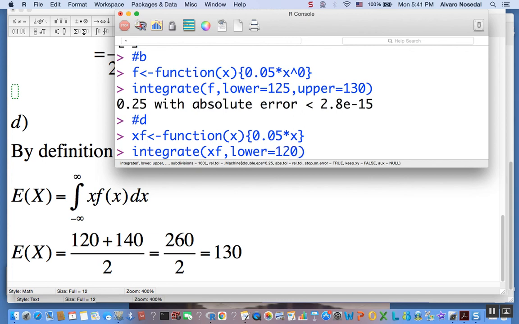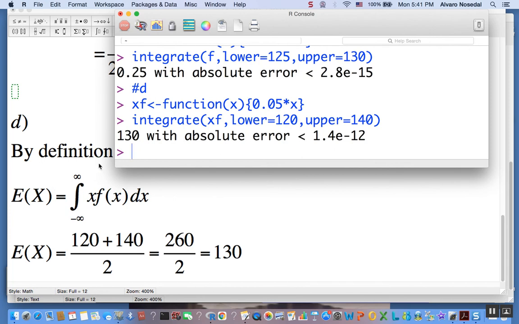Between 120 and 140 we have that expression 1 over 20 times x, and then from 140 to infinity we have 0. So this is the part that we care about. That's the expected value.